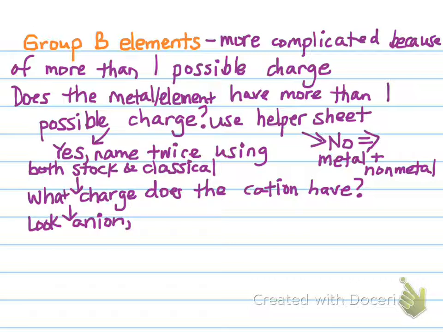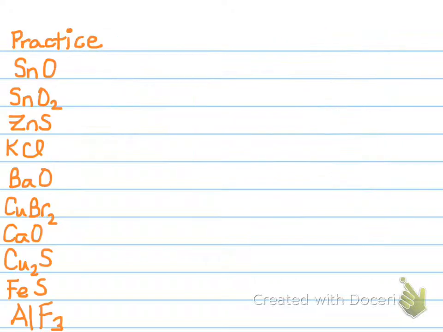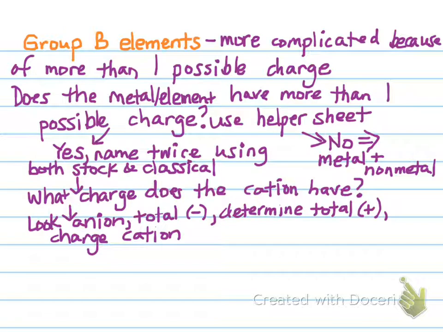And we're going to look at our total negative charge and then determine what our total positive charge has to be, and then what the charge on the individual cation is. So let's look at one together before I give you some to practice with.